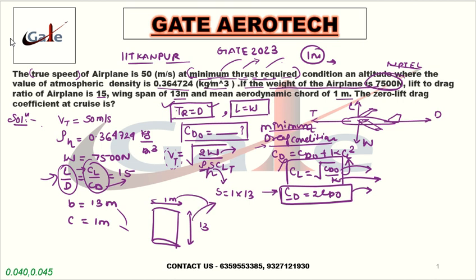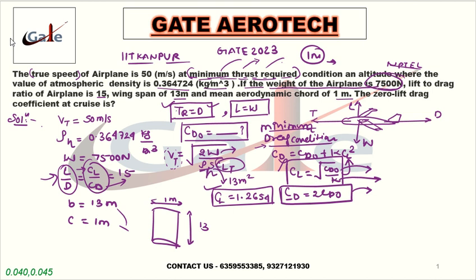This is the wing area. So you know this is 13 meter square, and we need to calculate CLT from here. Once you calculate CLT from here, I have already done this, so I got this as 1.2654. Okay, so please check whether you are getting this or not.